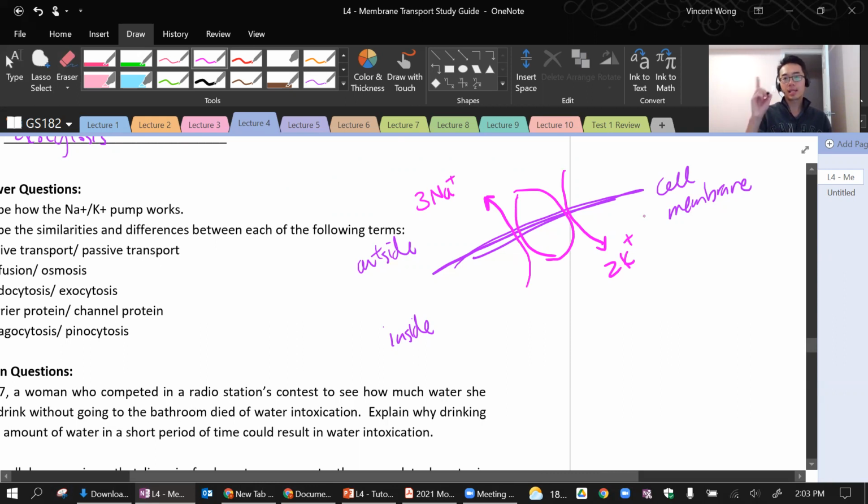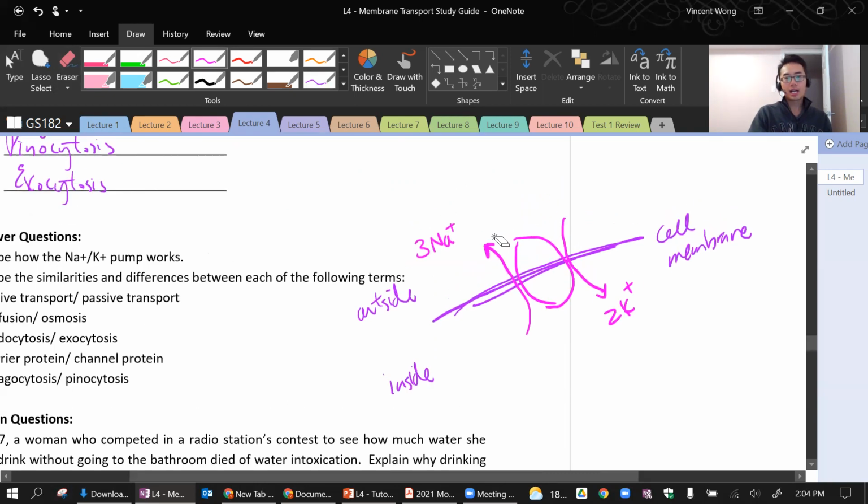That's one cycle. For each cycle, 3 sodium will be removed from the cytoplasm and 2 potassium will be brought into the cytoplasm. Over time, because you keep on pumping sodium out, you will end up having high sodium on the outside and low sodium on the inside.